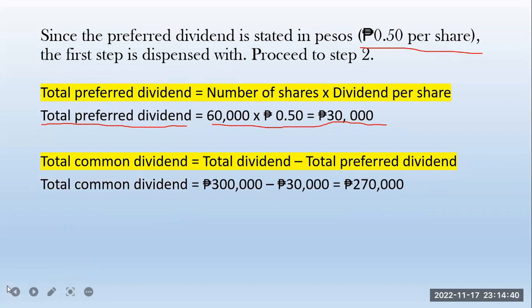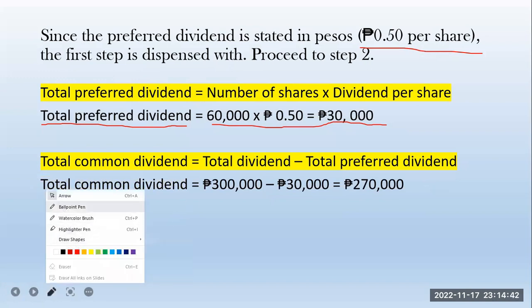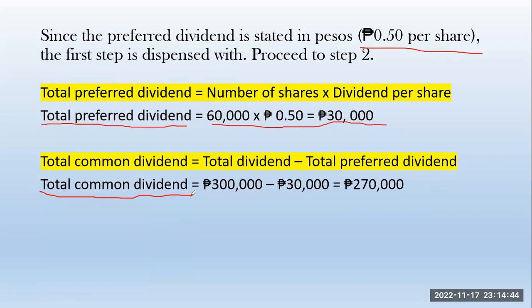Okay, total common dividend, that is equal to, the total dividend is 300,000 pesos. Minus the total preferred dividend, ito yung complete natin kanina, which is 30,000 pesos. So, subtract. Okay, so we have 270,000 pesos.